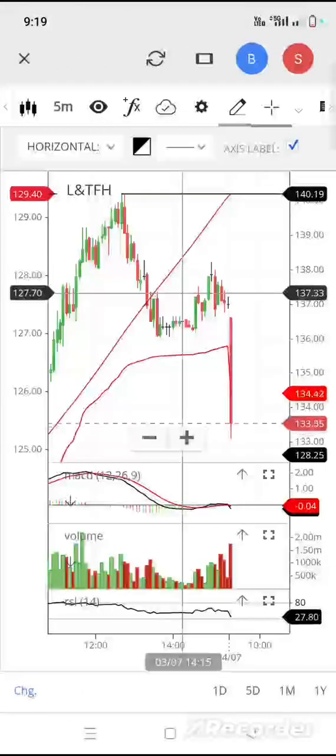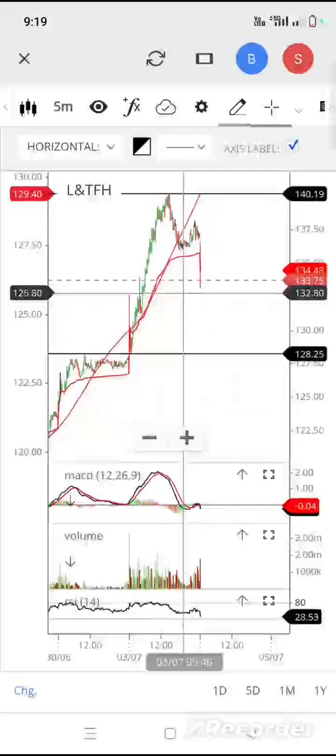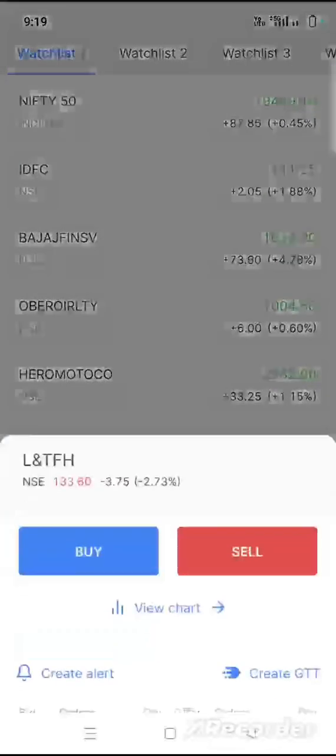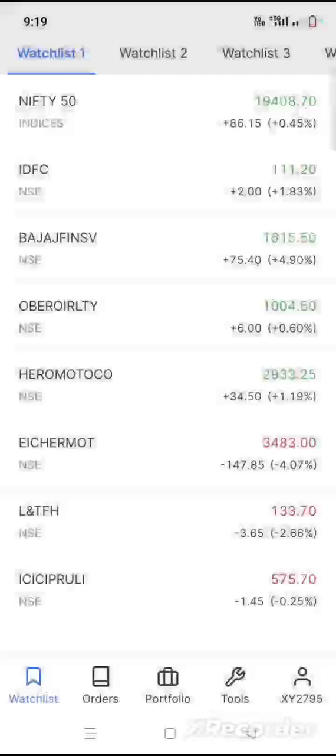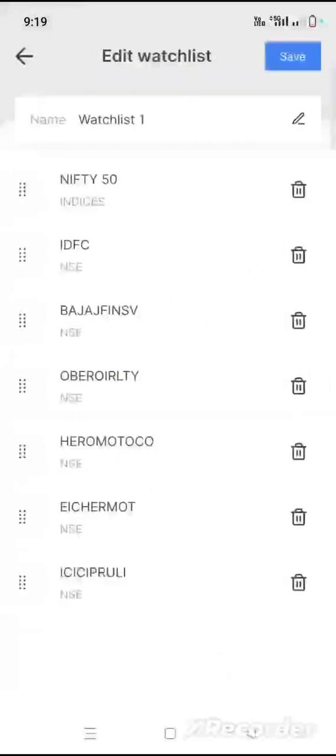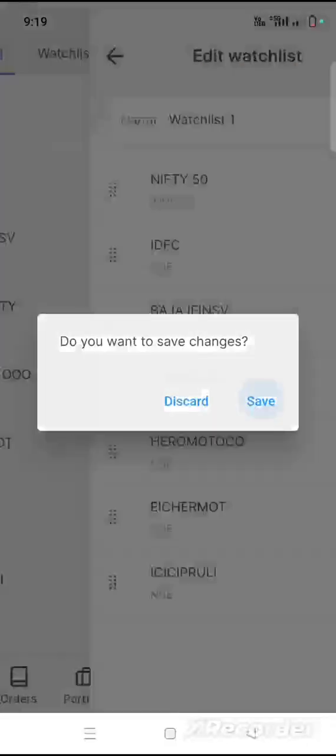LNT, so you see all this is partial gap down, so we don't see. The moment we see partial, I don't trade. So we'll see ICICI.